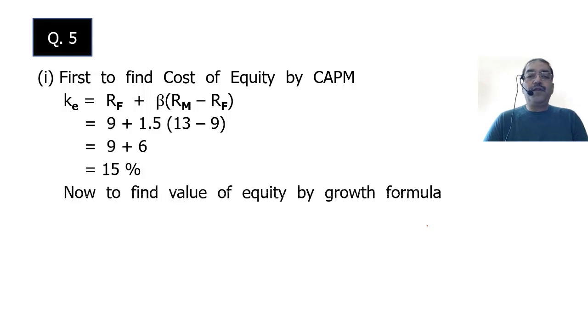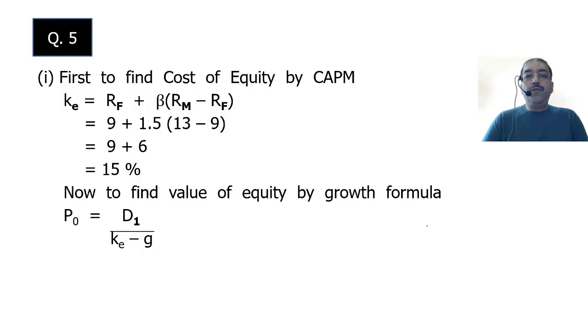KE is 15%. Now to find the value of equity by the dividend growth formula given by Gordon. What is the formula? P0 is equal to D1 upon KE minus G. What is D1?